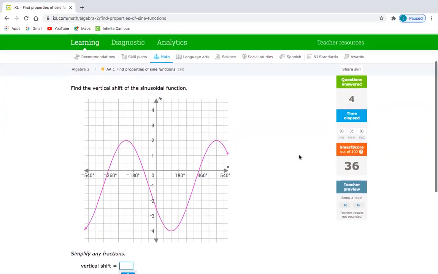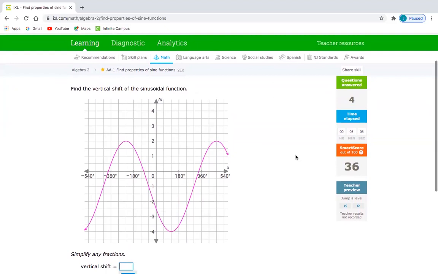Here the direction is asking about the vertical shift. So the vertical shift is the midline that splits the period into 2 halves. If you go horizontally across -1, you see when you go to the y-axis, it's -1. You see half of the circle and another half of the circle.